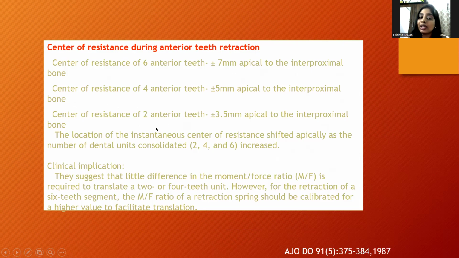When it comes to 2 anterior teeth, it becomes 3.5 mm apical to the interproximal bone. So a little difference in the moment to force ratio is required to translate. Basically, the center of resistance is a point through which when a force is applied, a tooth is going to move bodily. There is going to be a translation, a very pure line of motion without any deviation. So it may change based on the number of teeth we take into consideration.